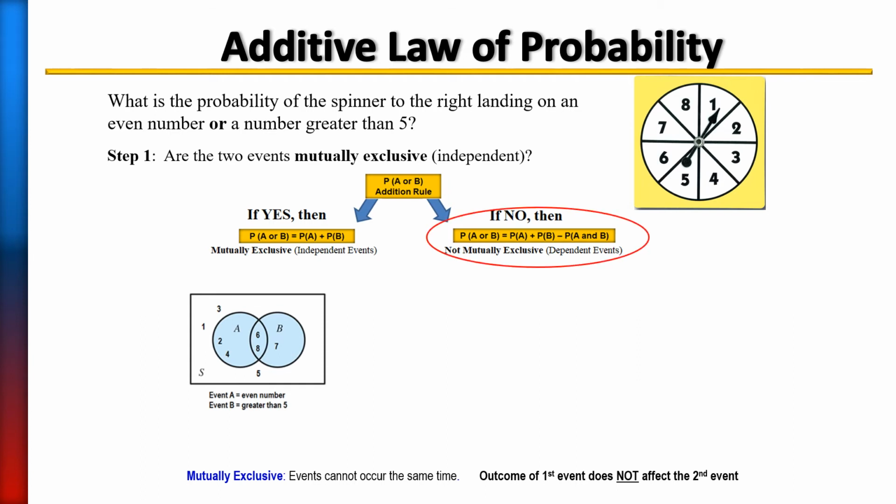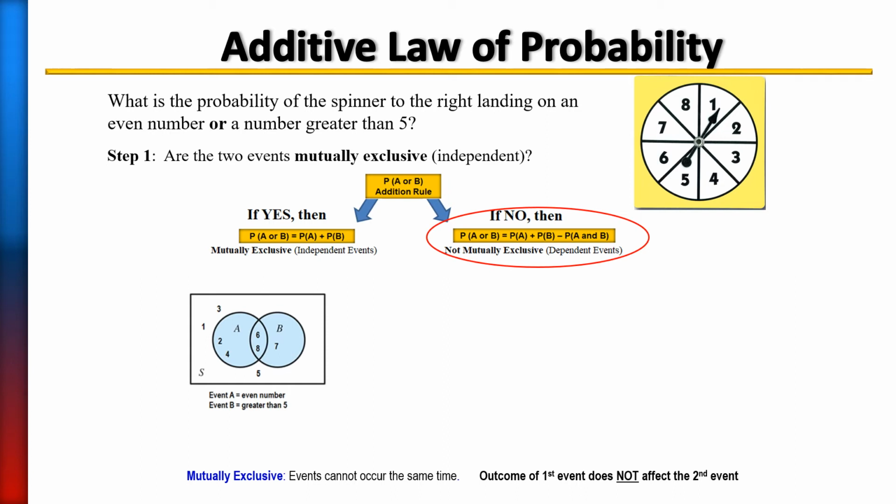Similar, but you're going to attach something to the back. You're still going to add the probability of event A plus the probability of event B, but then you're going to subtract from that what those 2 events had in common. Okay, so let's go ahead and do that and see what it looks like.